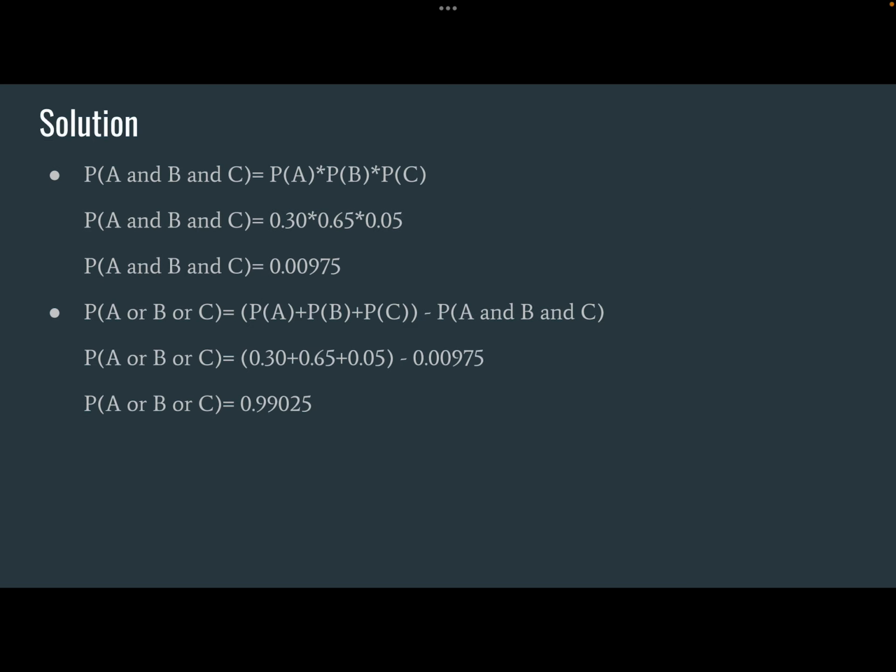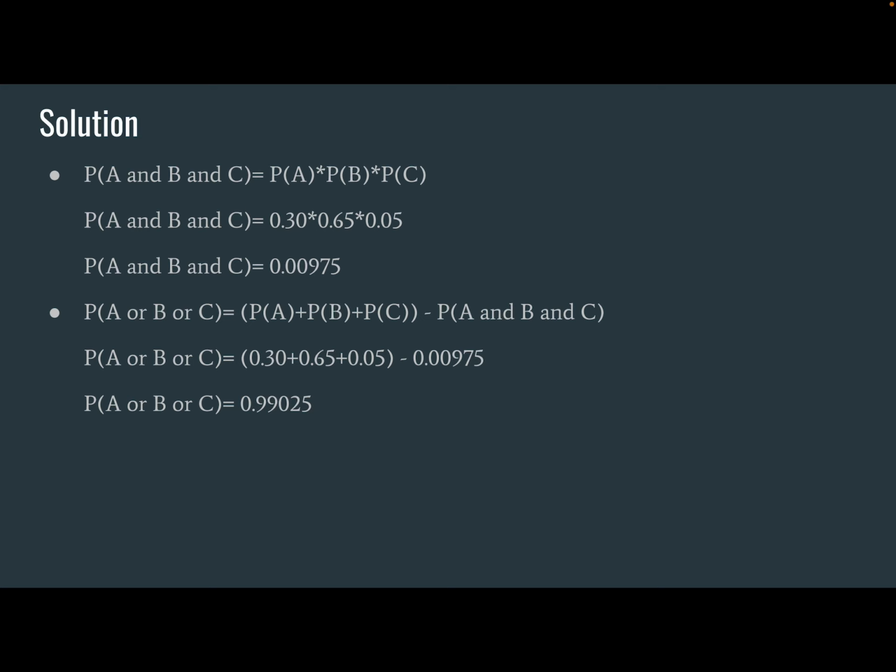So now let's look at the solution. For the first part, the probability of all events happening at the same time will be represented by a joint probability, because a joint probability is the probability of all events mentioned happening at the same time.